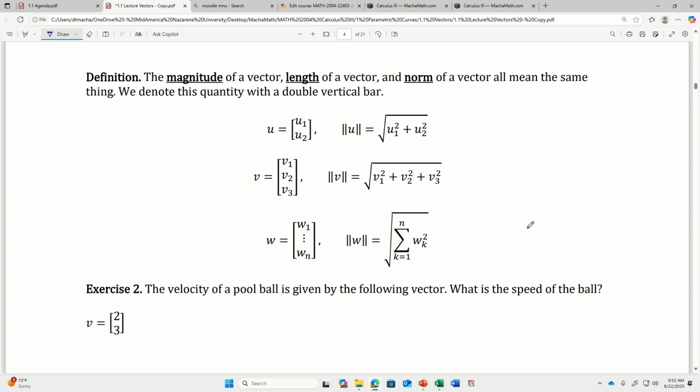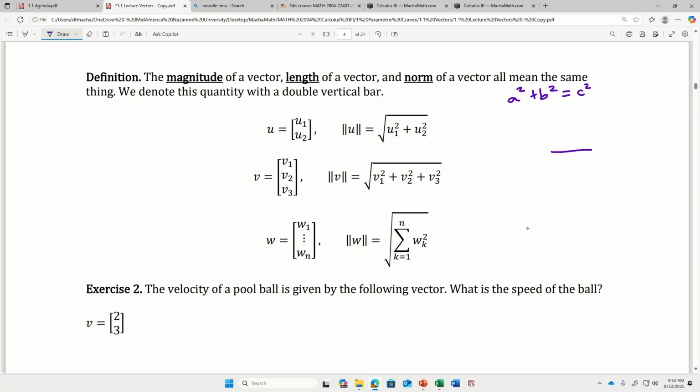So if I have a two-dimensional vector, I can take the norm of that vector, which is just the length of the arrow in space, using this. Why? Well, it's like the Pythagorean theorem, right? If I have a right triangle, a squared plus b squared equals c squared.